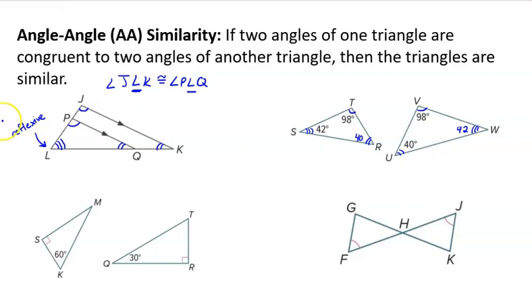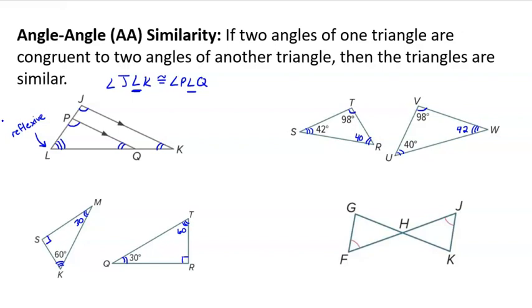In this third one, we have 90, 60, so this one has to be 30. This one would have to be 60, and then from here, these right angles are already marked as congruent, and then I have those two 30s. I could stop there, but I can also find my third angle here. So these are also congruent.